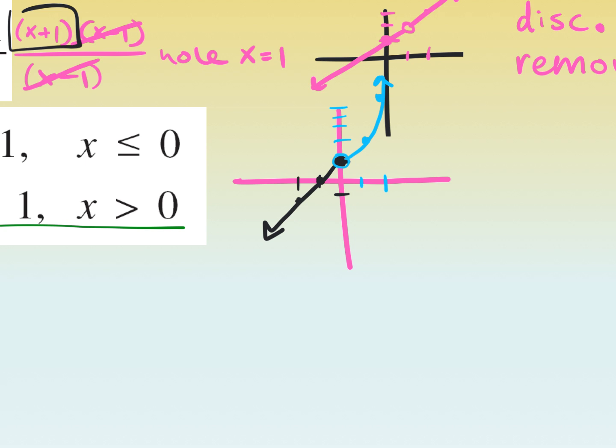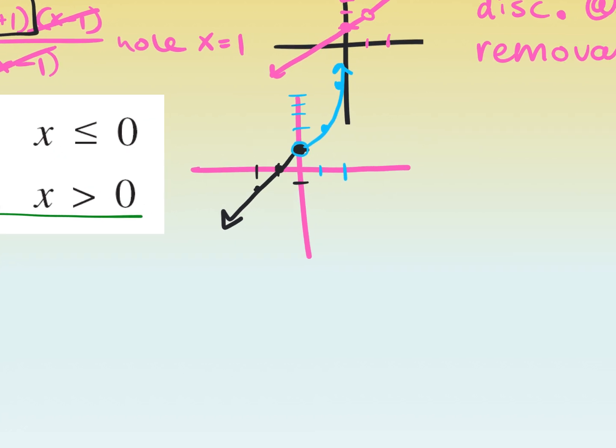Is this continuous? What do we think? If I was a little ant walking along my graph, at any point would I fall? No. This is continuous because our first piece of the piecewise function stops at the same place where the second starts.